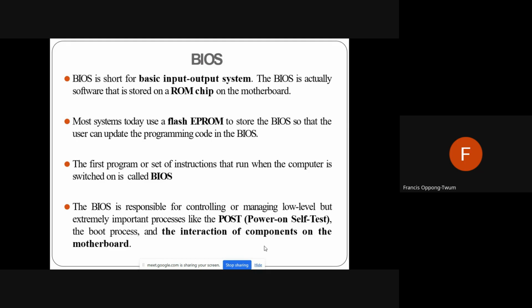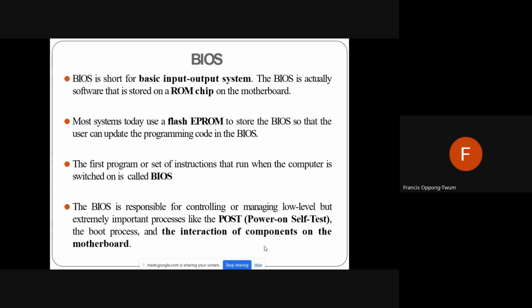But in those days, on most of the systems, you couldn't touch the BIOS. You couldn't update or upgrade it. But currently, with most of the BIOS on our motherboards, we can write to the BIOS and update it. That's why we use the flash EEPROM. The first program or set of instructions that runs when the computer is switched on is the BIOS, the basic input output system.